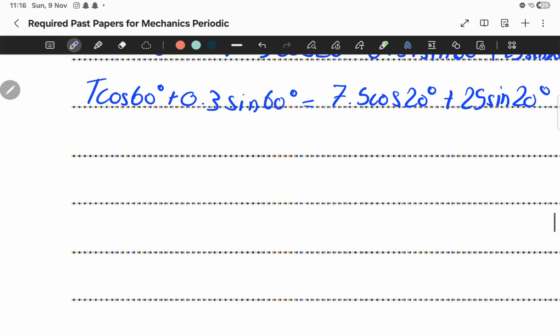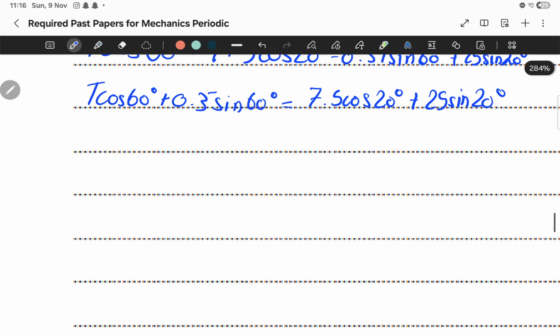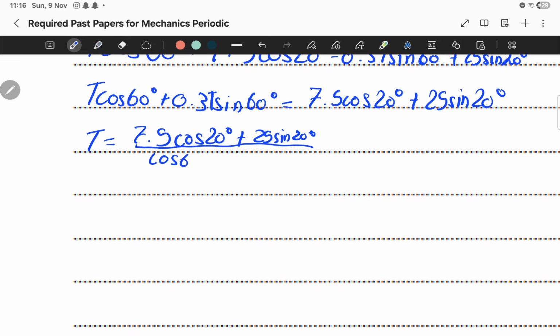Okay, now I factor t out. This is 0.3 t. So t is equal to 7.5 cosine 20 degrees plus 25 sine 20 degrees all over cosine 60 degrees plus 0.3 sine 60 degrees.